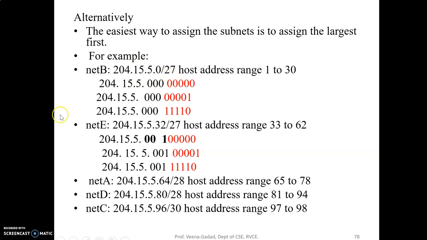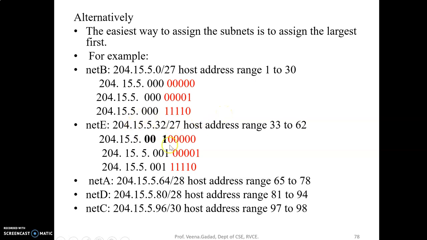So we'll have something like this. 204.15.5.0 will be the network address for subnetwork B. Here the hosts range from 1 to 30. It is shown over here. So we have the network address, the first host address, and the last host address. The broadcast address for this will be 204.15.5 with all ones. Just check out what it comes out to be, right?